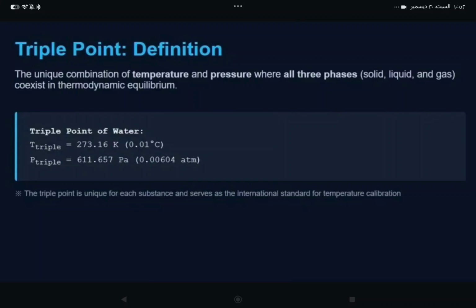That is the temperature, and the pressure is 611.657 Pascal. The triple point is unique for each substance and serves as the international standard for temperature calibration.